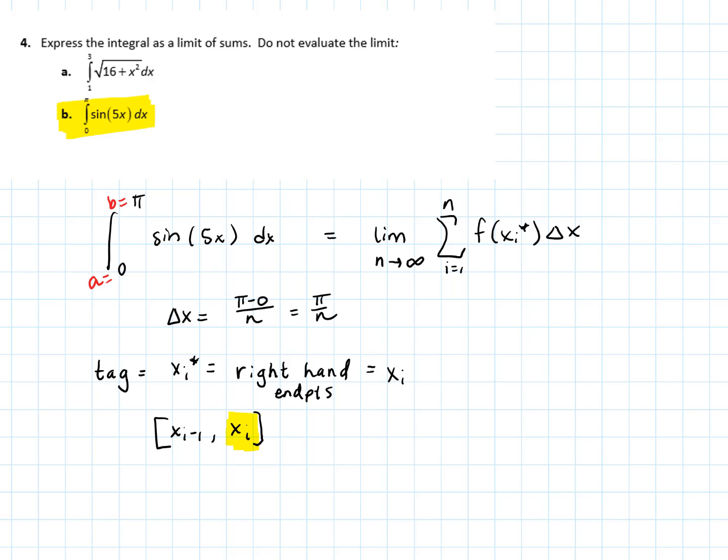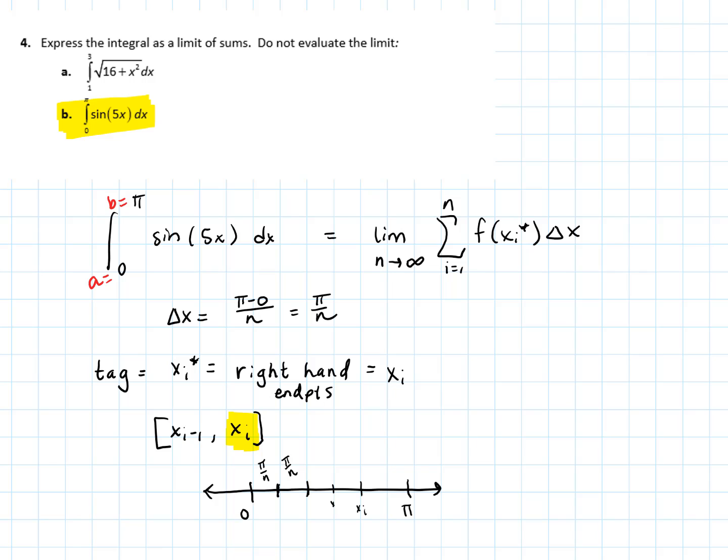And then x sub i, one more time, let's do the visual. Here's 0 and here's pi. And as we go along, each of our intervals is pi over n. So each width of these is pi over n. So by the time I get here to my x sub i, I will have added up i of those.